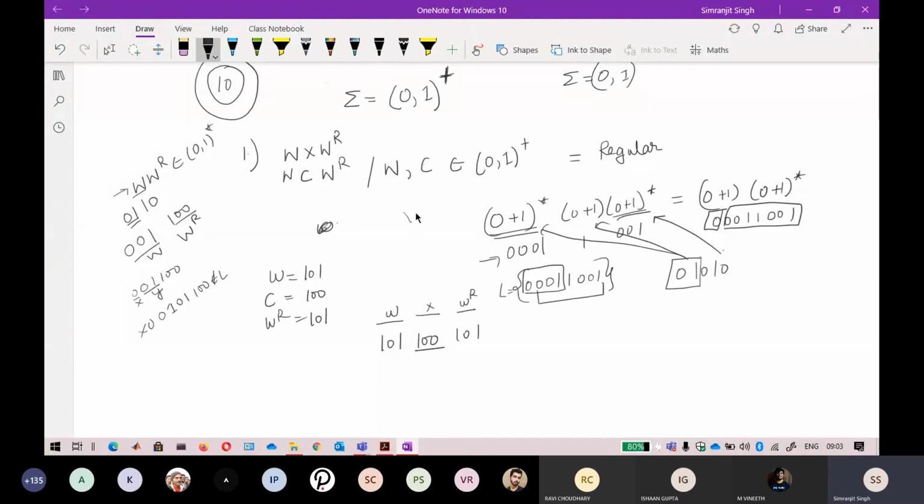Now the value of X is 0 plus 1 raised to power plus.